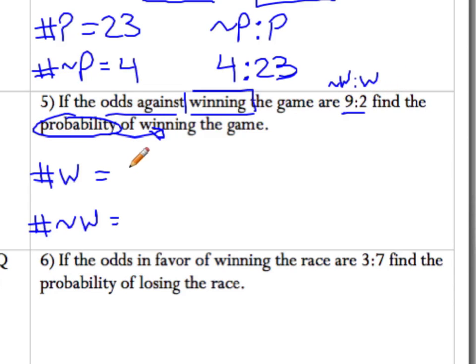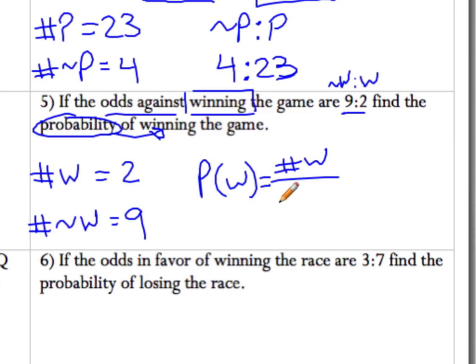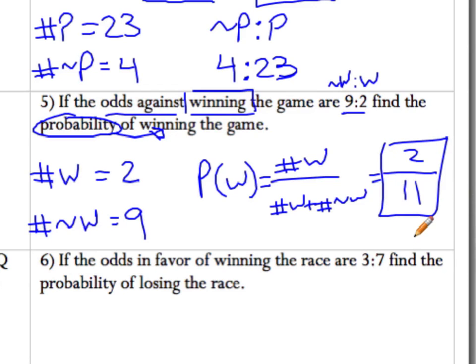So that means there were 2 winning and there were 9 not winning. So we want the probability of winning. So we think we need the number of winning over the sum of winning plus not winning. Okay, so there were 2 winners out of a total of 2 plus 9, or 11 total tries. So the probability is 2 in 11.